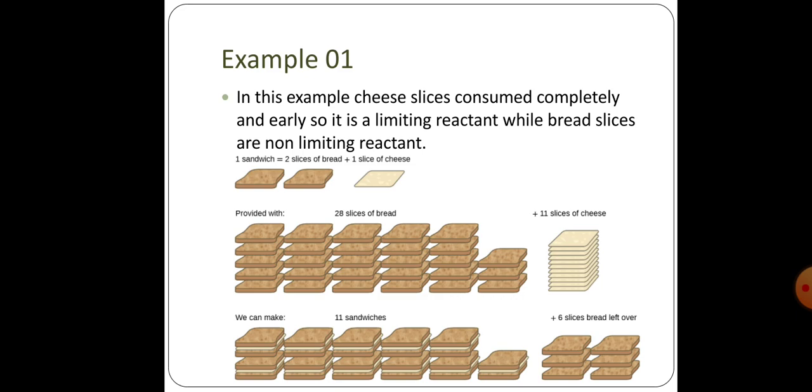By this provided amount, we can only form 11 sandwiches. After that, the cheese slices are consumed while bread slices are left behind. So, in this case, cheese which is consumed completely is known as the limiting reactant, while the bread slices which are left behind are known as the non-limiting reactant.